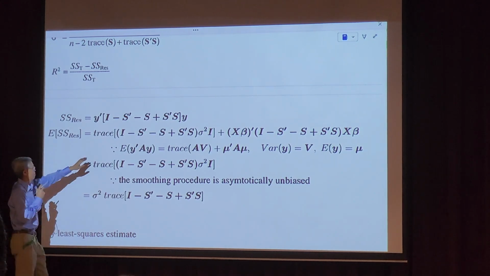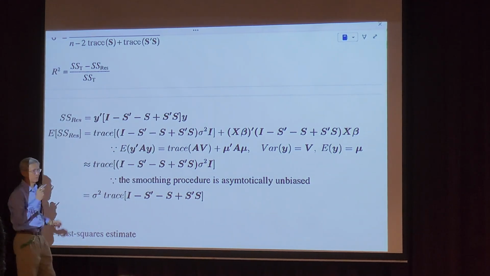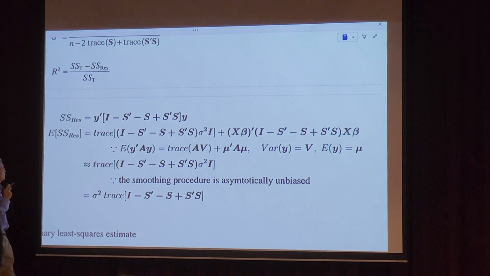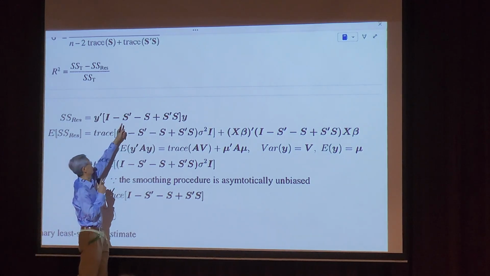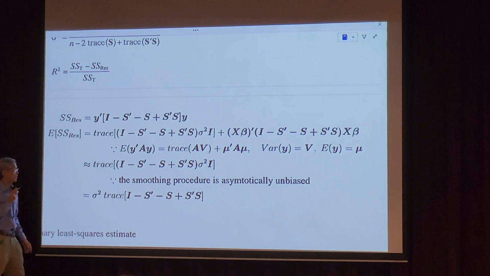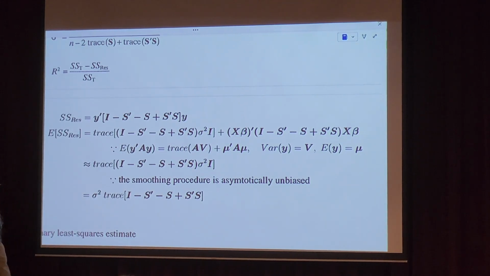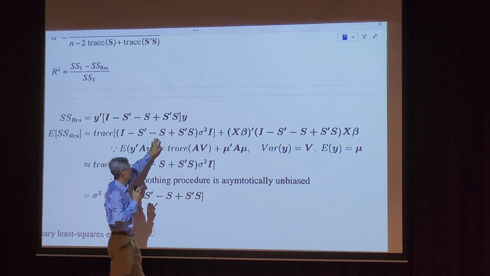So we are going to apply this to find the expected value of the sum of squared residuals. The sum of squared residuals is of this form. Take a look. A is this, and you have y transpose and y on both sides. So apply this result, and you will get this.